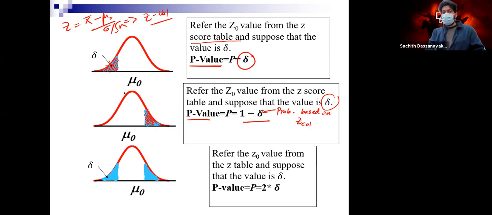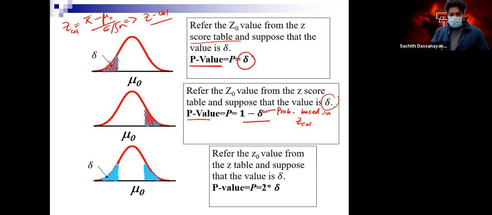Okay, you know what is C cal? C cal means this one. Let's say C cal. Clear? This delta. So 1 minus delta. Since this is the right tail case, you will see the delta value is very large, greater than 0.5, so that this p value becomes a smaller value. It depends on the problem again, but clear?